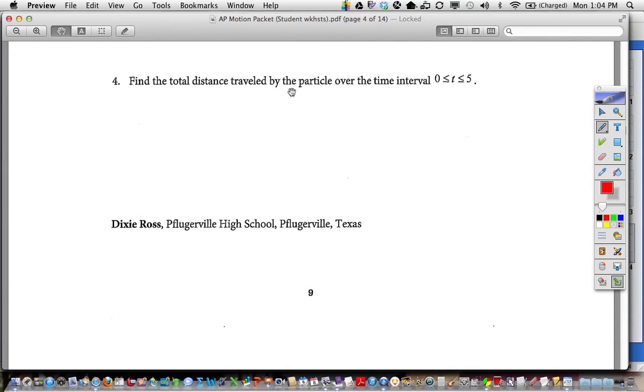And again, I want to do it 2 different ways. And it's very critical that you see both ways. Did you use calculators on this problem? If I don't tell you not to, you're using them, aren't you? All right. So if you're using a calculator on this one, what would be the fastest, easiest way to get total distance traveled?